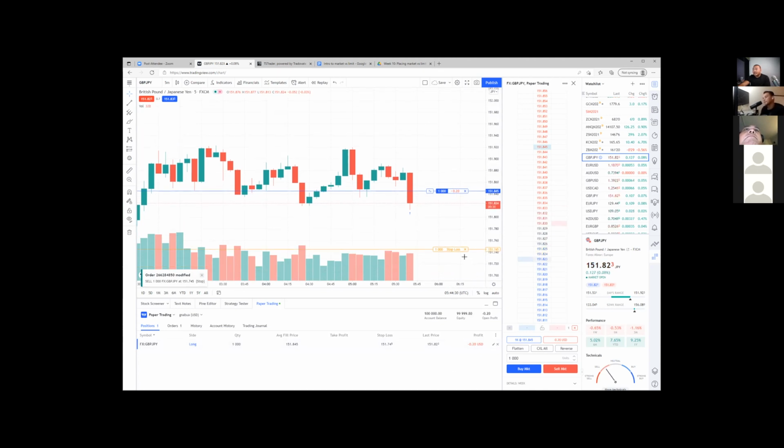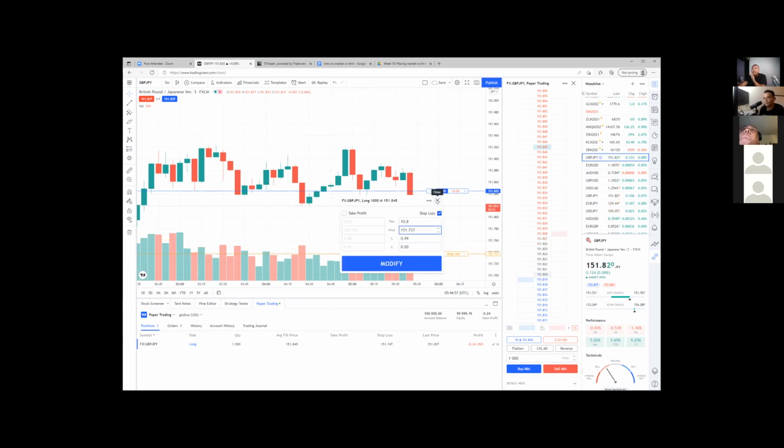You can click and drag, and it'll tell you, and then you have to click modify. Every time you want to change your order, you have to confirm it if you're trading off the chart. If you go back to your order ticket, you can modify it there. If you're on the desktop, you can always use the chart to click and drag, which is cool.